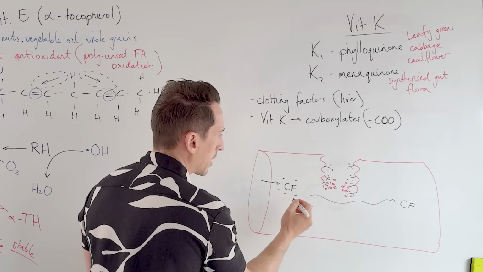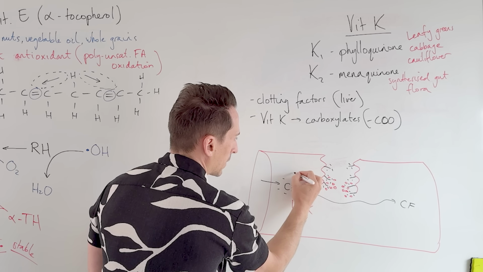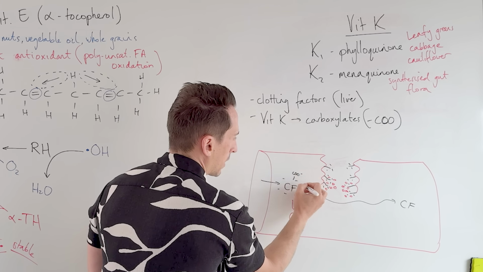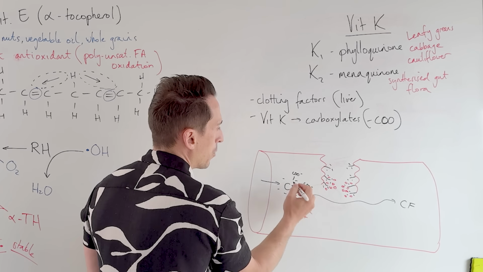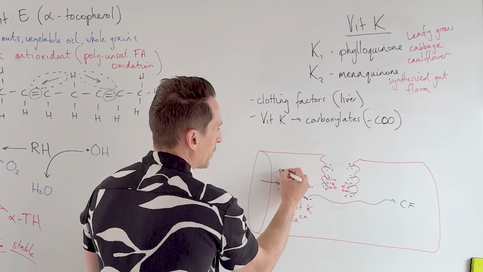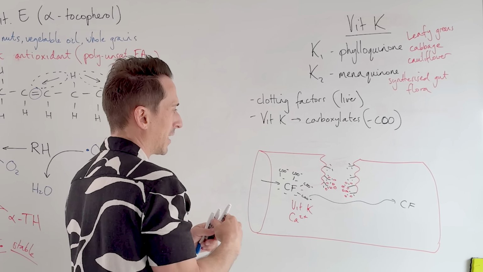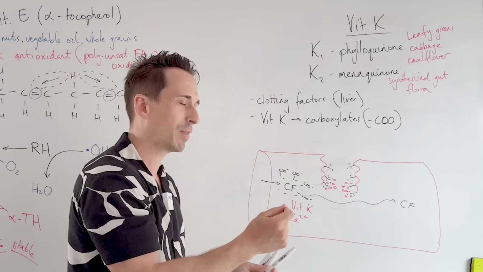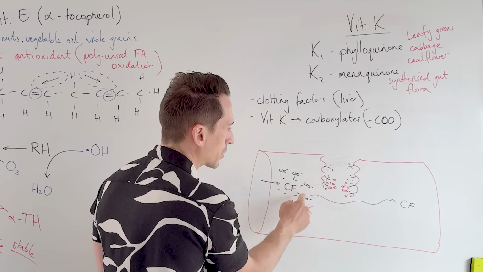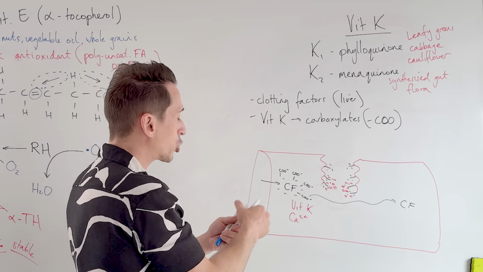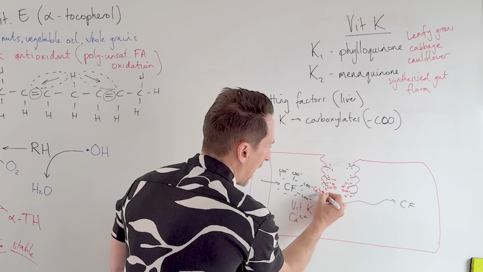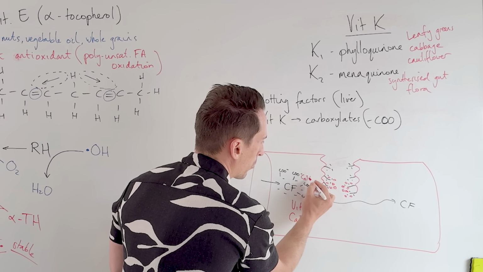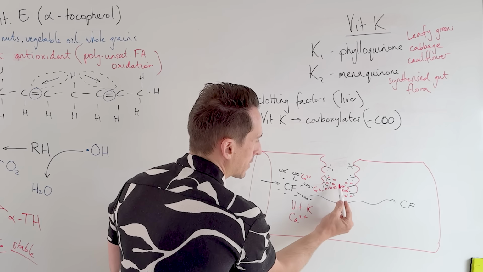Now, if you carboxylate the clotting factors, COO negative, COO negative, COO negative, you're making it more negatively charged. And you might be thinking, wait, that's silly. I don't want it negatively charged, I want it positively charged. Vitamin K carboxylating it, making it more negatively charged so that the positive calcium can bind to it and act like von Willebrand factor in a way does and tether it to that site.